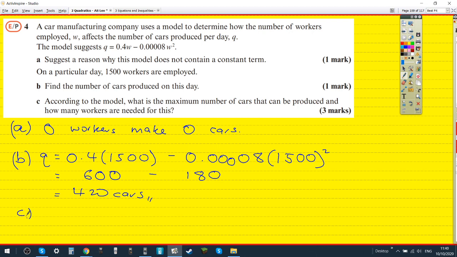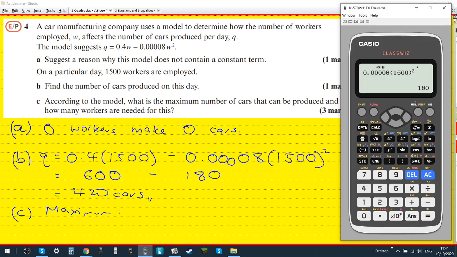Question C. So now would you put it into the calculator to find out the maximum? So it'd be minus 0.00008 and then 0.4 and then 0.